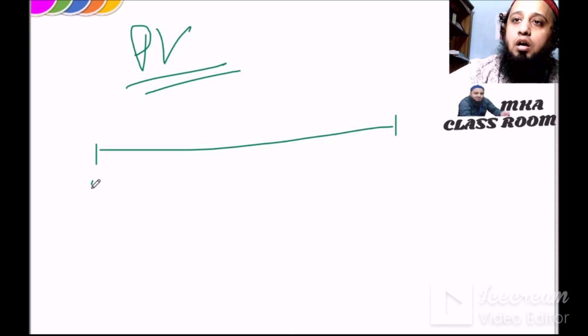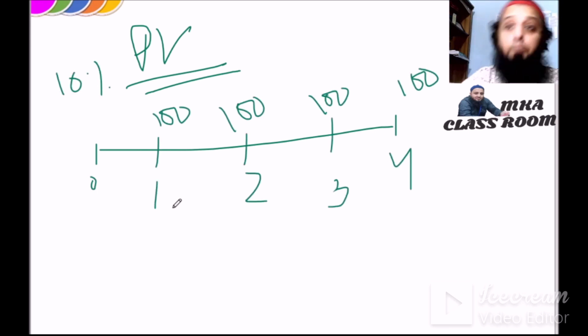So, 100, 100, 100, 100 and rate of interest is 10%. What would be the present value of this amount? We know the formula for present value.